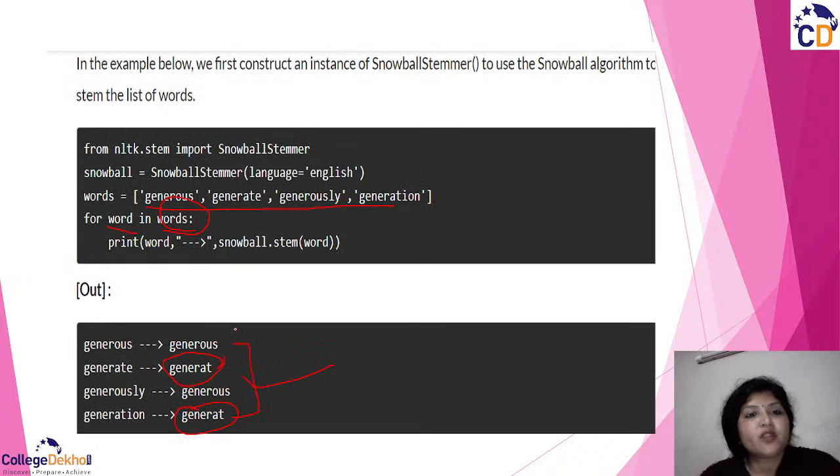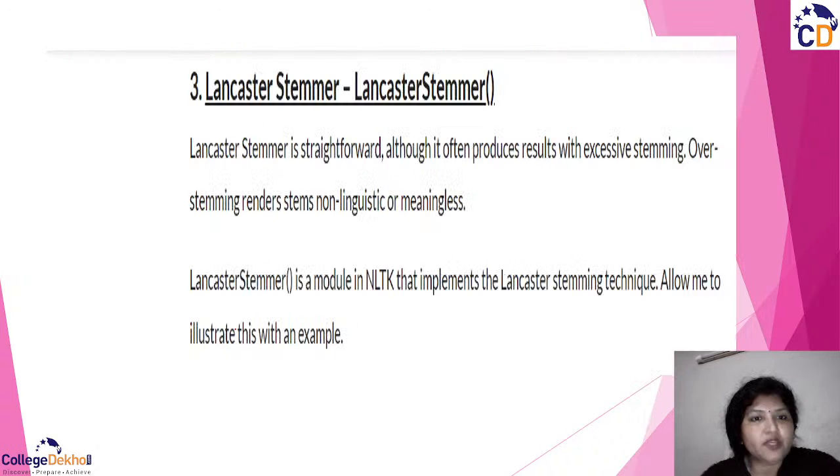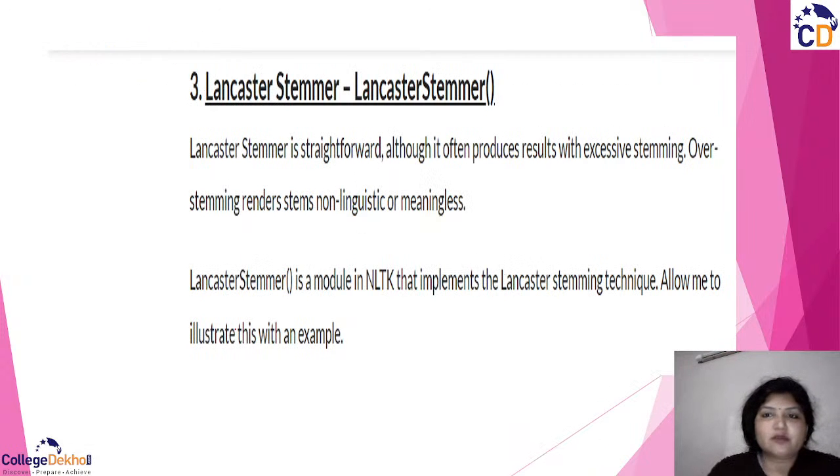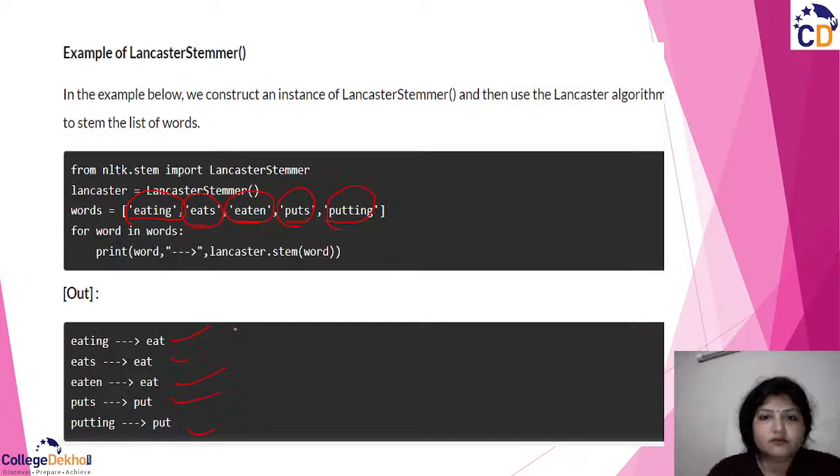So we have studied Lancaster. In Lancaster, the main thing is that sometimes, if a word has a "tion" part, or you may say "ate", it is not going to give you the correct base form.